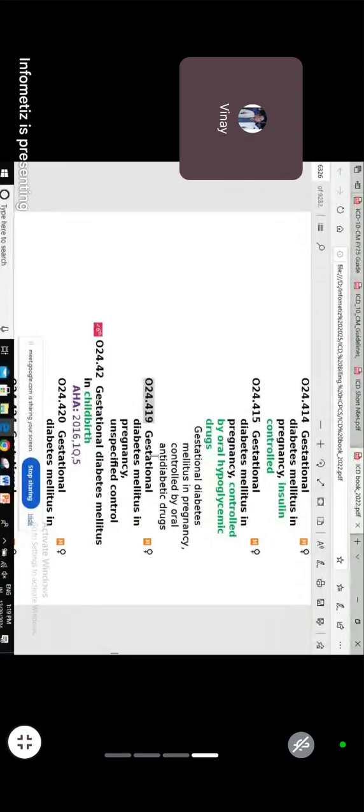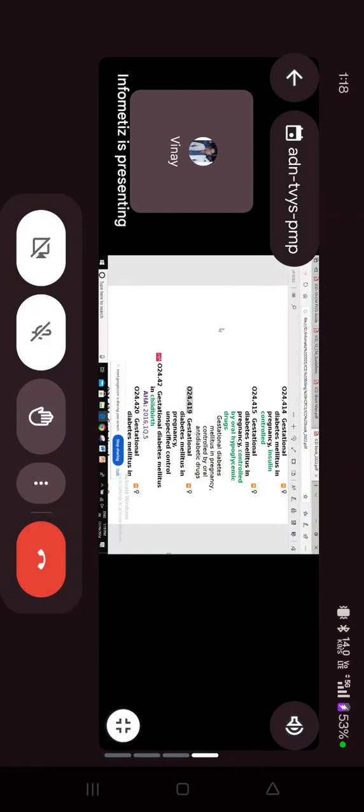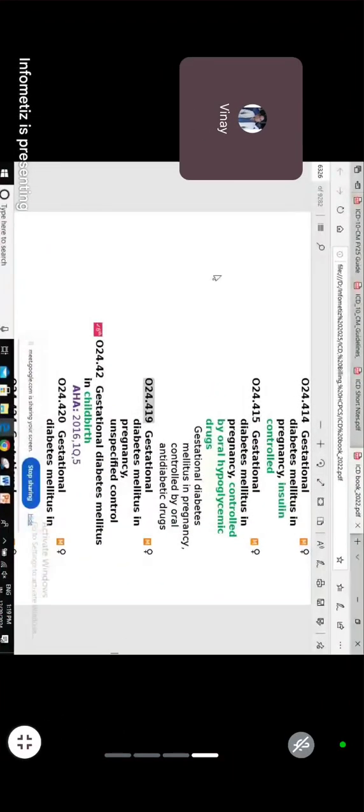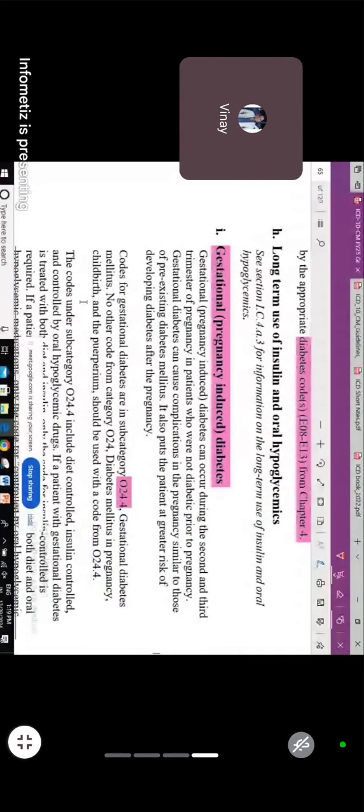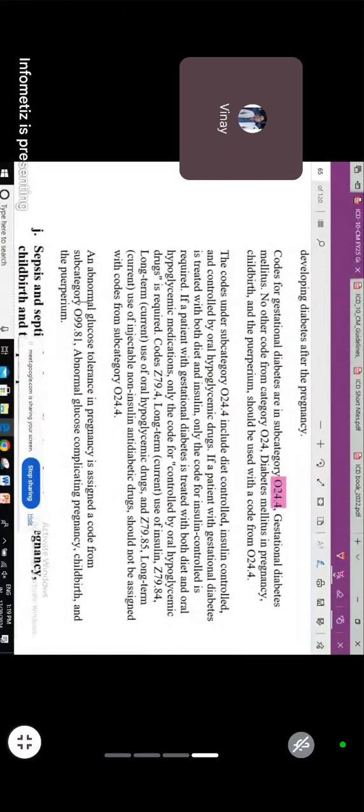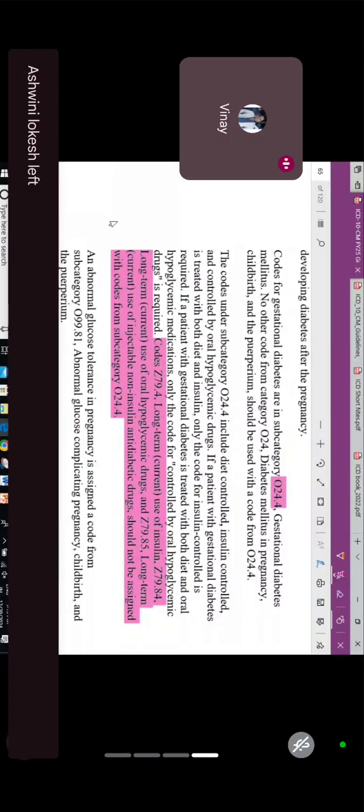Codes Z79.4, Z79.84 and Z79.85 should not be assigned with the O24.4 series code. Good?